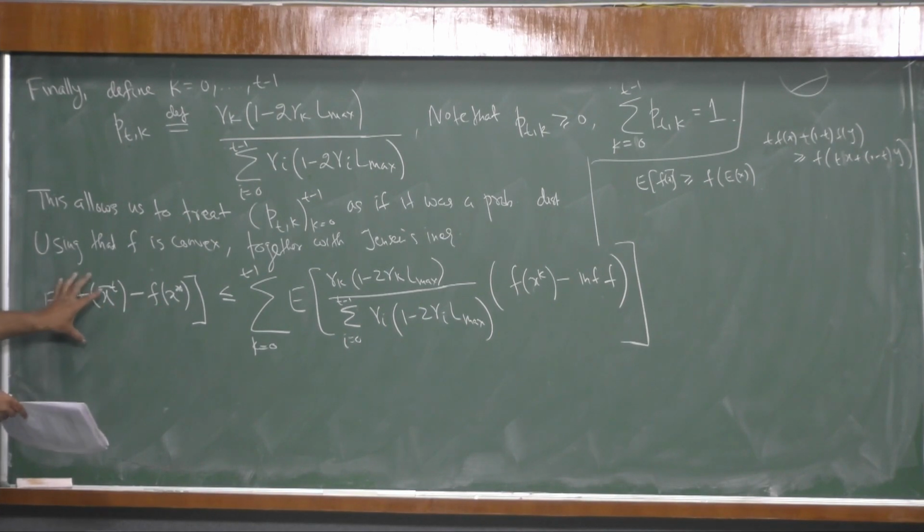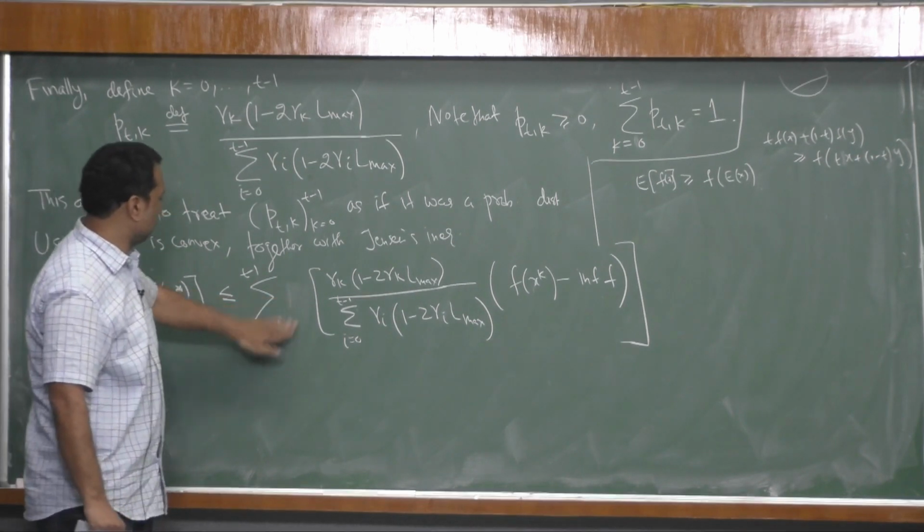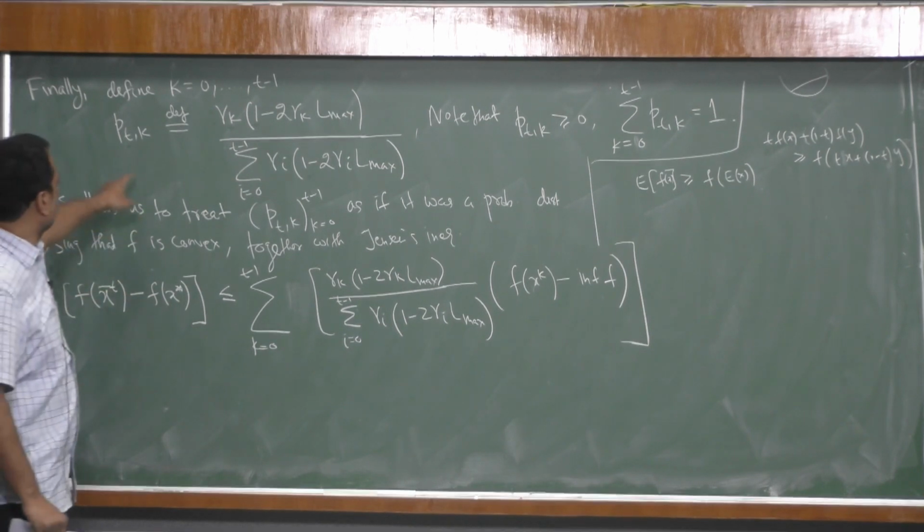And on this, expectation of f of the average will be less than or equal to expectation of the interior. What do you mean by interior? If I remove the E from there, then they are already less than or equal. So this inequality is true, you are saying. Yeah, we exactly have that.